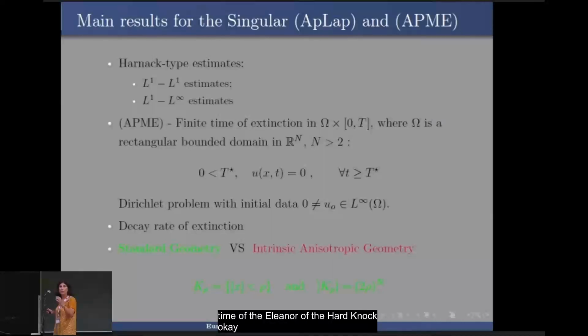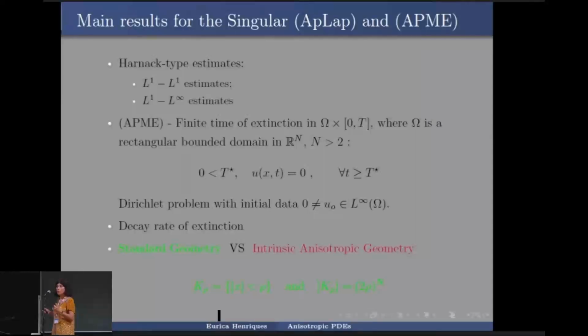Once you know that there's a time after which the solution goes to 0. That was known for the anisotropic p-Laplacian, but it was not known for the anisotropic porous medium, and we proved that T star exists. That was the time after which the solution is 0. And we did it in two different geometries.